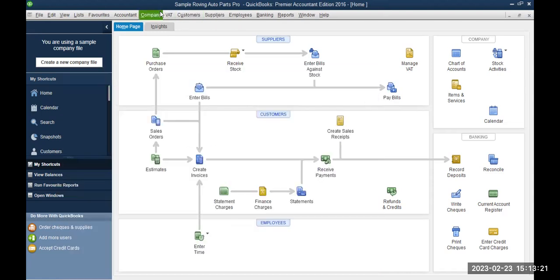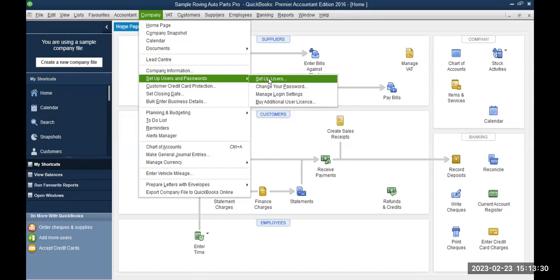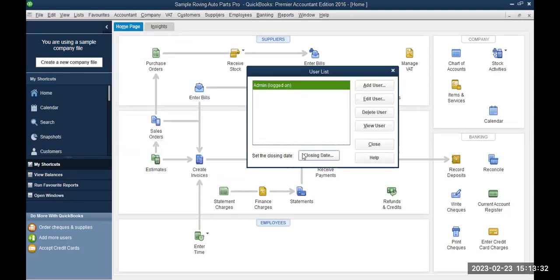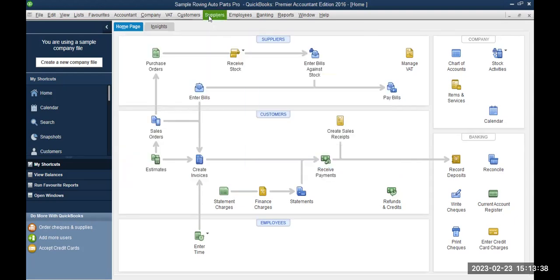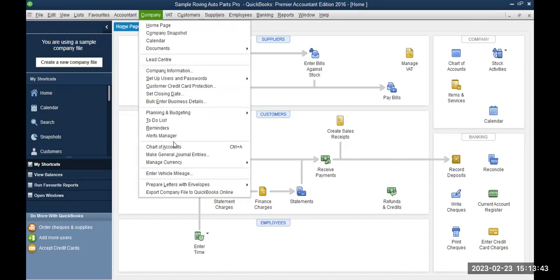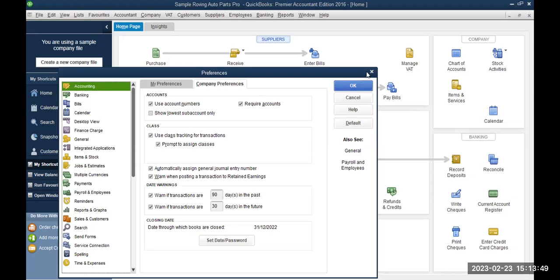If you come under Company, Set Up Users, there is a setting for a closing date as well. You can do that. The other place, still in the same window, you come to Company, and then you choose Set Closing Date. It takes you to the same place. So there are different ways of setting the closing date.